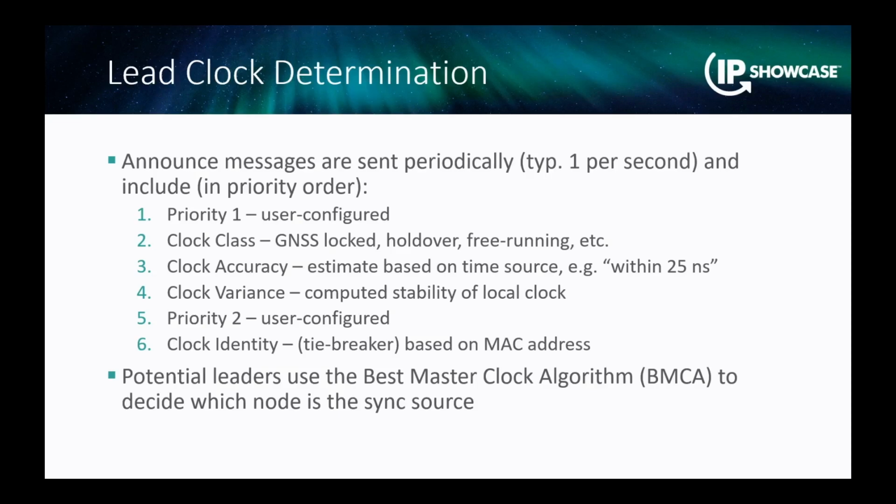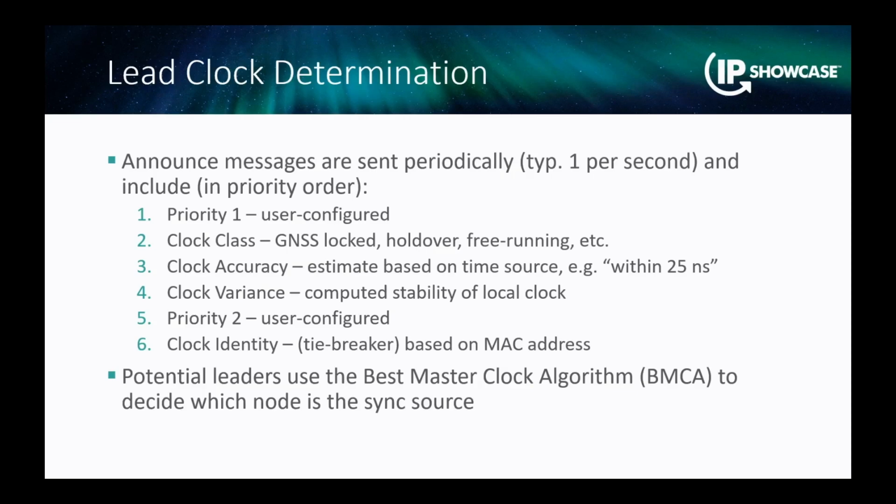A couple of them, priority 1 and priority 2, are user configurable parameters. So you'll see in a configuration screen on a grandmaster type device, you'll be able to set priority 1 and priority 2 values. So this gives the network administrator a way of tuning the behavior of the network.